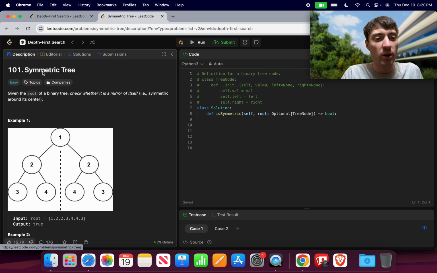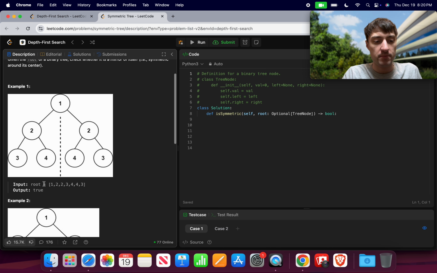Anyways, 101 symmetric tree. Given the root of a binary tree, check whether it is a mirror image of itself, i.e. symmetric around the center. Here we have our root node, and its left child and right child are the same, and then their left children.